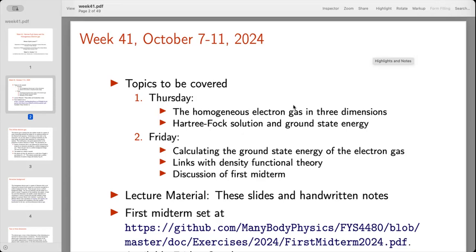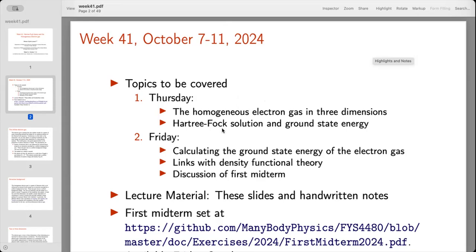So the type of systems which you see here, they also provide the theoretical background for the theories of quantum liquids. So if you're looking at a system like liquid helium-3, then this is also seen as an infinite system where you can use much of the same machinery as a starting point.